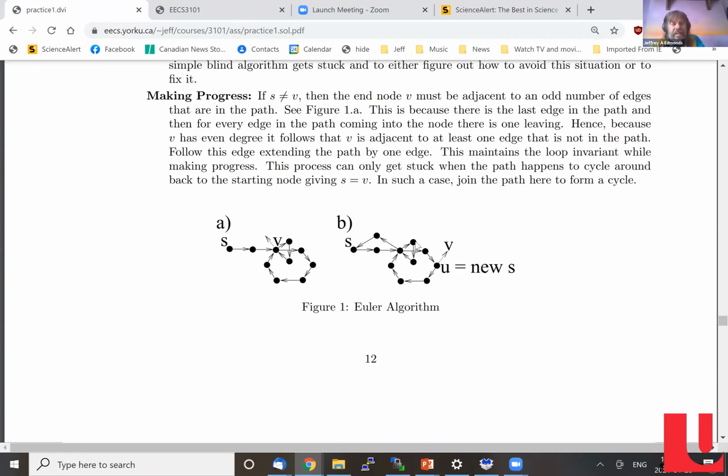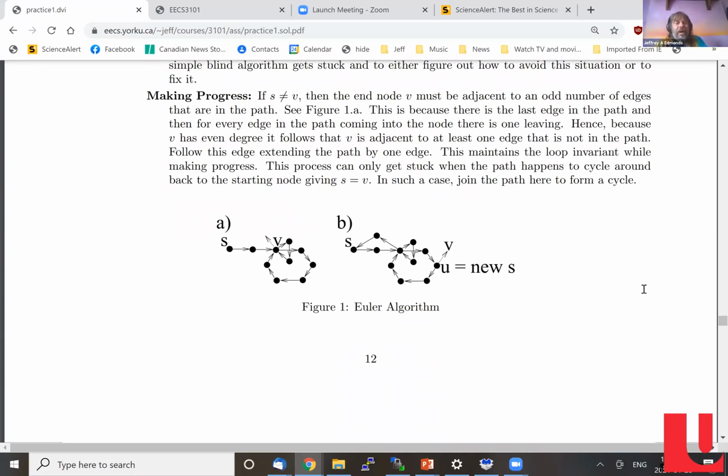Right? So we did this cycle and we got back to S. And now maybe there are no more edges out of S. Right? So we can't continue. The number of edges from S is even, but we've visited them all. Right? We left and we came back, and we visited an even number of edges. We visited them all. So we can't continue, right?